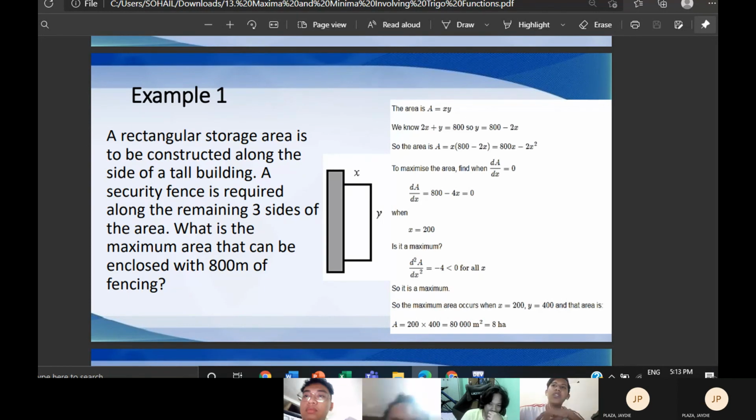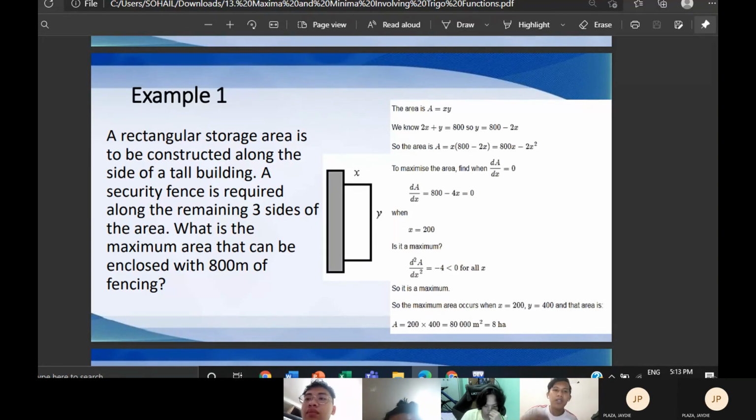Sunod naman x. Ngayon, so the area A is equal to x. Tapos yung y nakuha na natin, i-substitute lang natin: x quantity 800 minus 2x. So pag distribute natin yung x, 800x minus 2x squared. Now, to maximize the area daw, find the derivative dA over dx, kasi i-equate lagi sa 0.